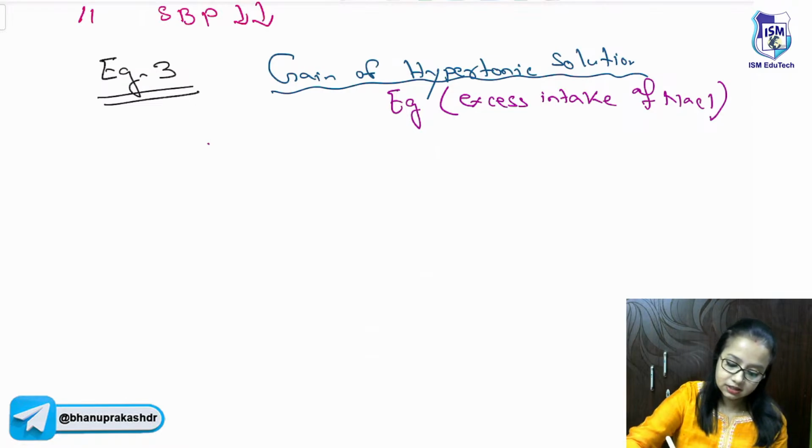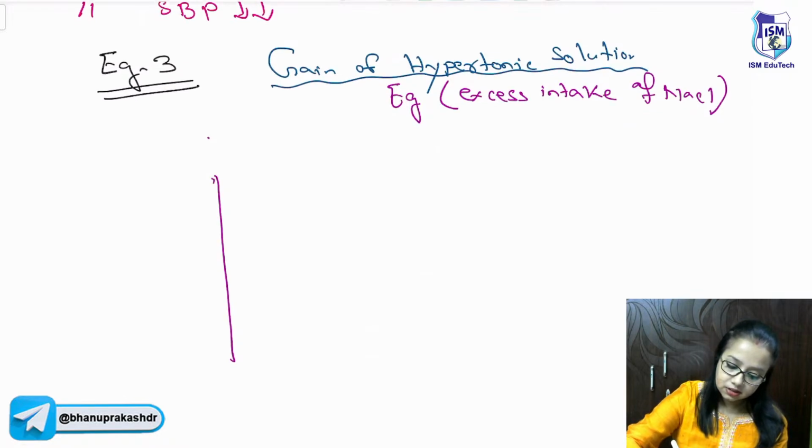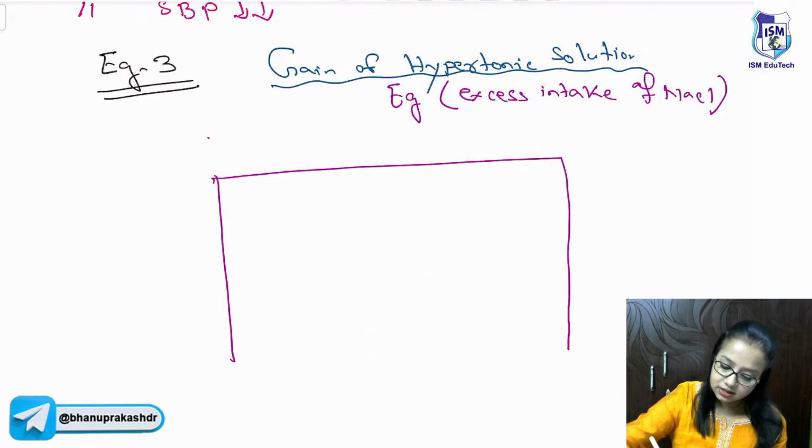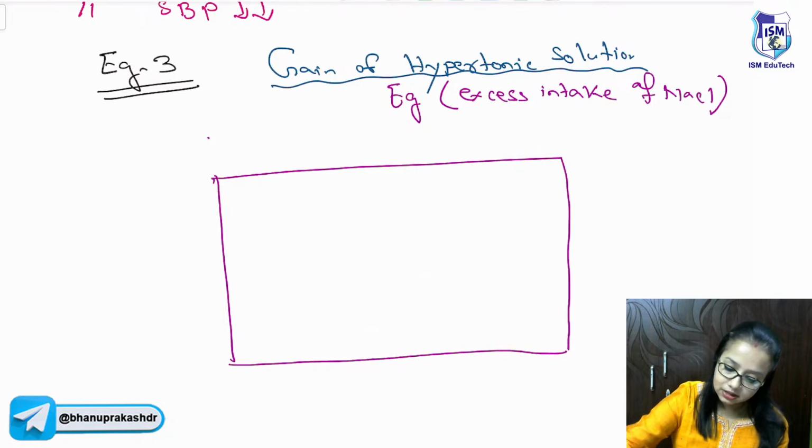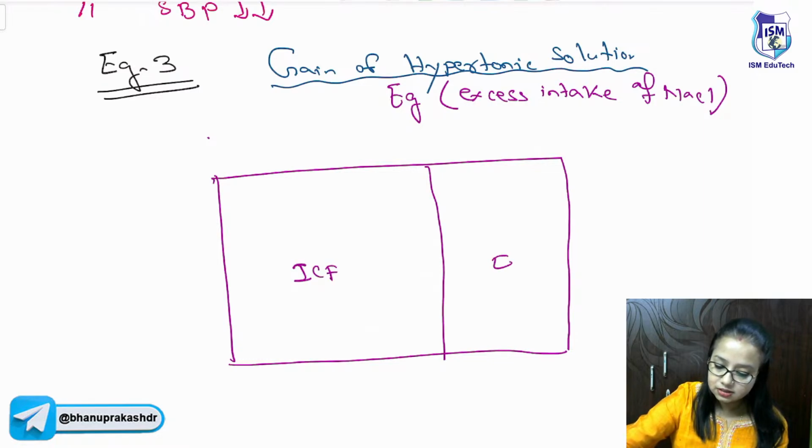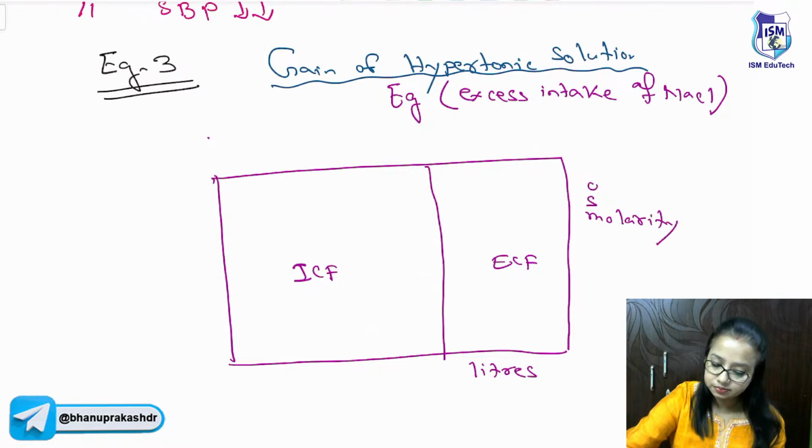So, in this condition, what will be the Darrow-Yannet diagram? Again, this is the ICF and this is the ECF. This is the volume in liters and this is osmolarity.